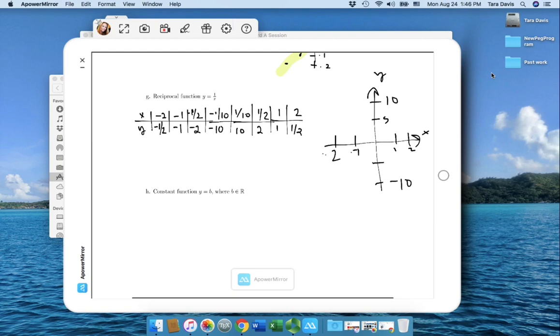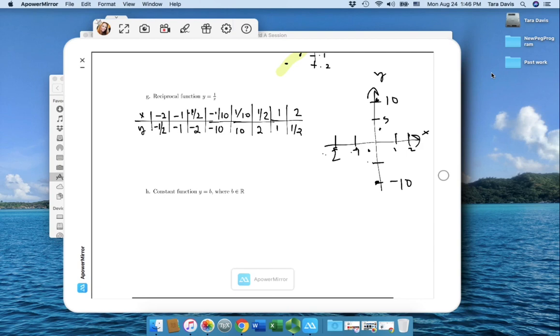This is just a sketch, but I'm going to plot negative 2, negative 1/2, so that's pretty close here, and then negative 1, negative 1, and then negative 1/2, negative 2, and then negative 1/10, negative 10. And then I also have 1/10, 10, 1/2, 2, 1, 1, and 2, 1/2.